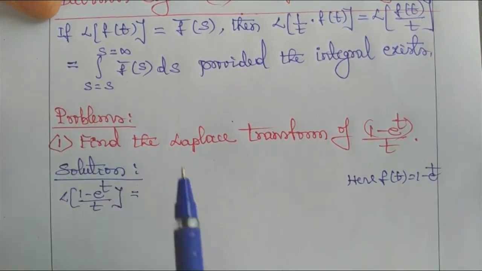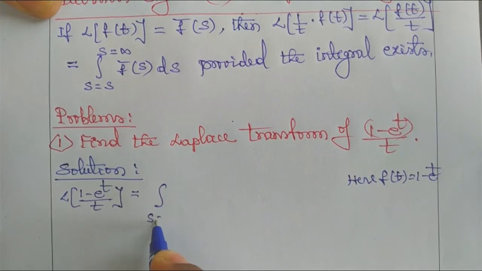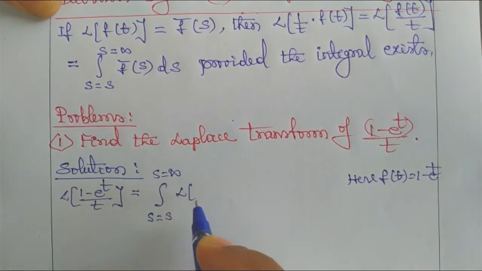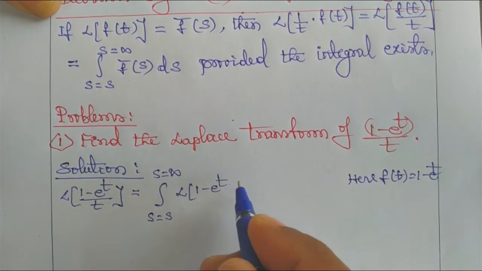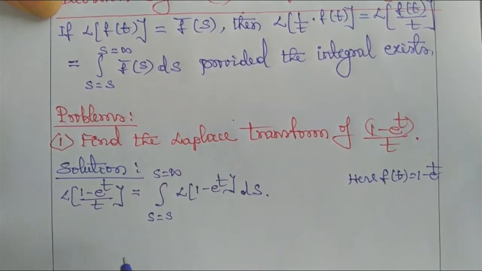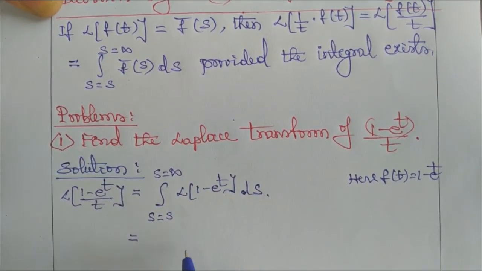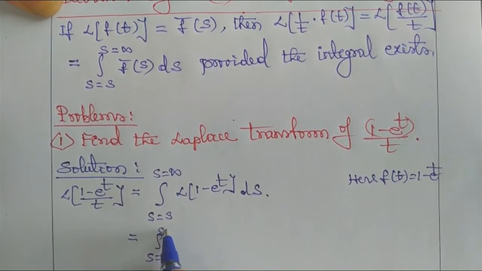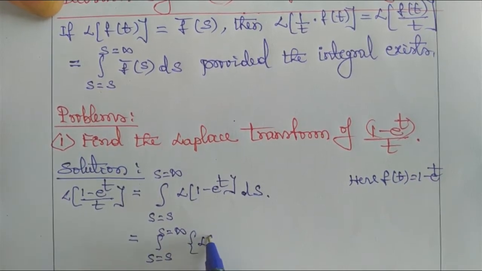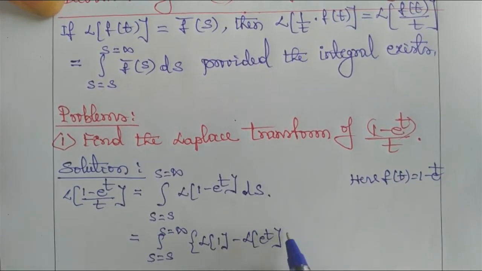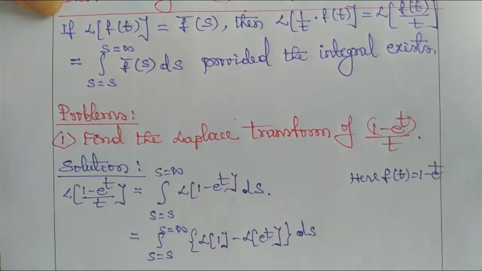Now according to that, this is the integral from s to infinity of Laplace of f of t ds. So Laplace of 1 minus e to the power of t becomes the integral from s to infinity of Laplace of 1 minus Laplace of e to the power of t ds.